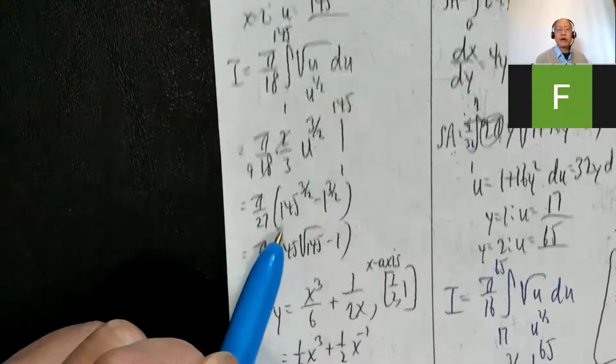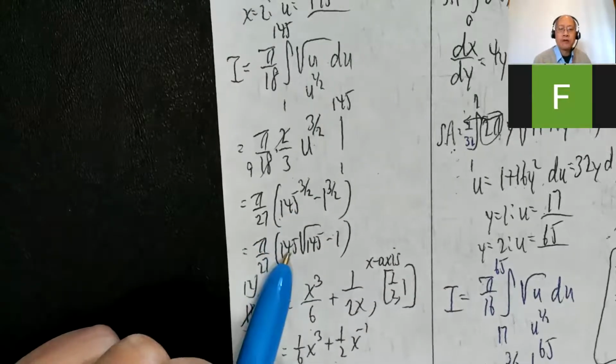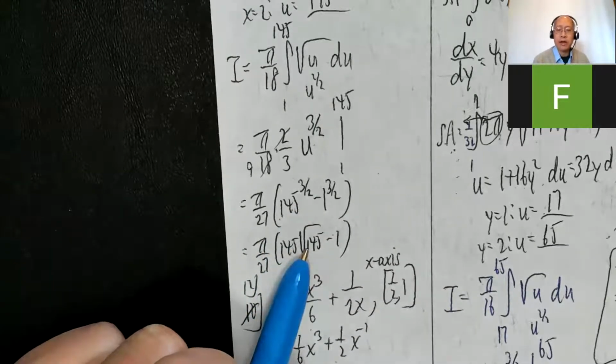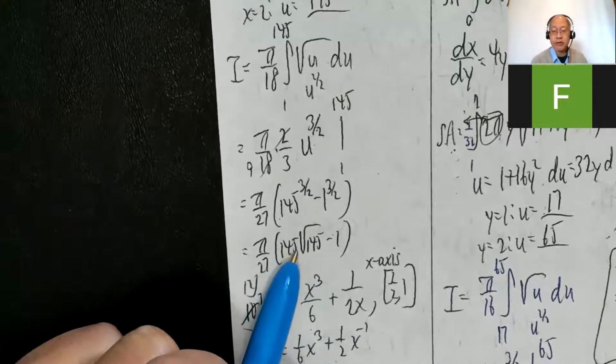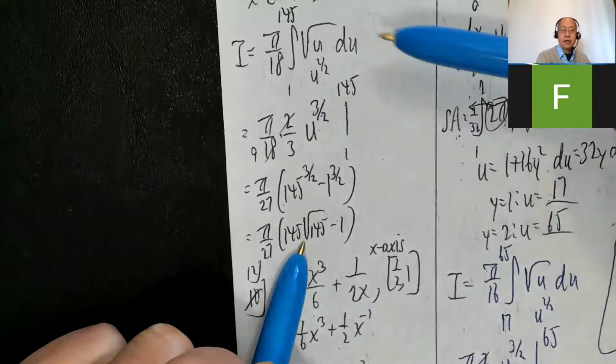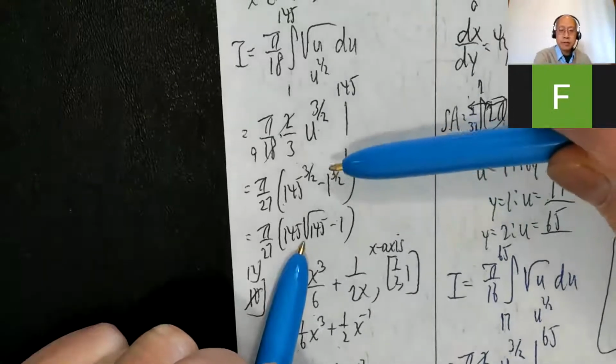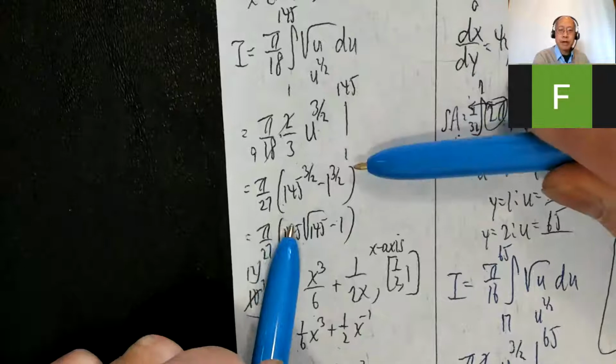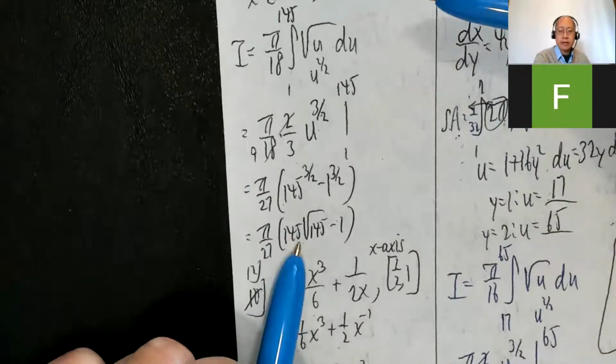Again, please notice how to write 145 to the 3/2. 145 radical 145. And I want you to write that. If you don't write it, I might take off points. This is considered simplified. Yes, they mean the same thing, but make it simpler. How do I make this simpler? Write it like this.